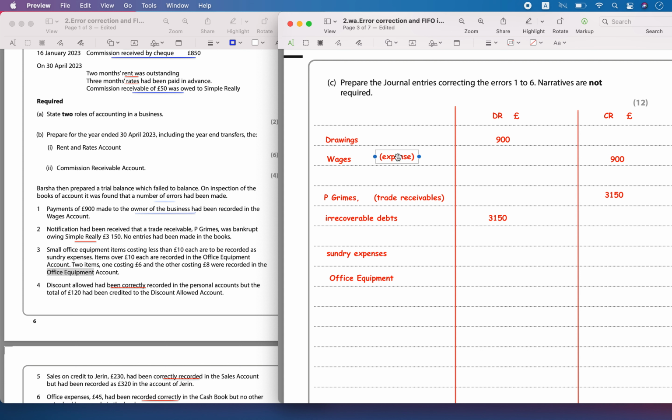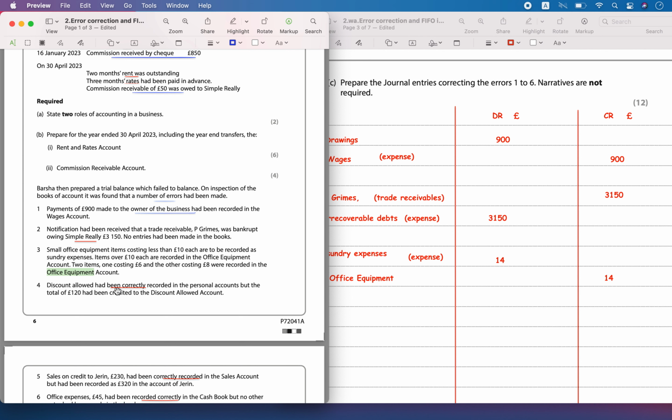We have to include 14 pounds in the sundry expenses account on the debit side, and we have to remove it from the office equipment by putting it on the credit side, because office equipment you would have entered on the debit side as an asset account.